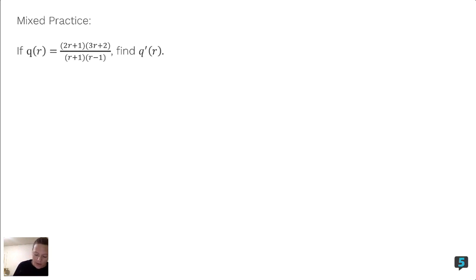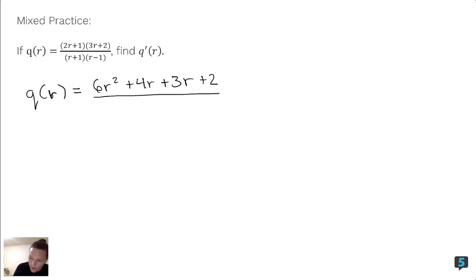All right, so we would get that Q of R, so we're not taking the derivative yet, we're just cleaning up that numerator and denominator to make taking the derivative a little bit easier, would be 6R squared plus 4R plus 3R plus 2 over R squared minus 1. 4R plus 3R like terms, so let's combine them.